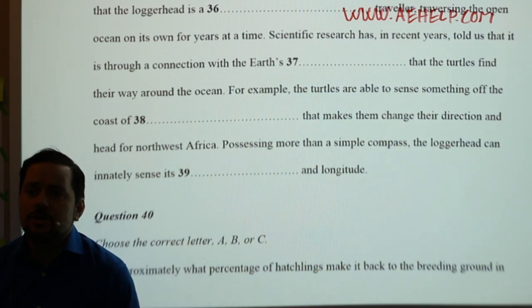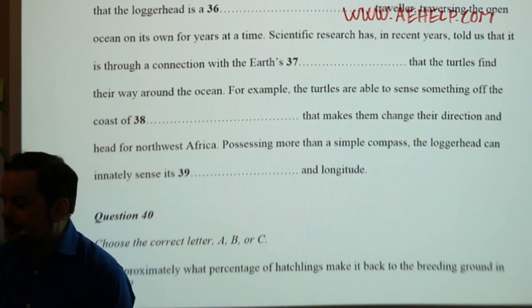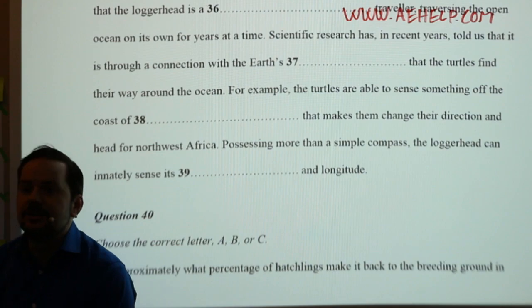If you guys are not sure about what is big and what is a small letter, then just write all big letters, okay? Just make sure you practice it at home, okay? So if you're not sure about when to write capital and when to write lowercase letters, then just use all uppercase letters for your answers. It's okay to do that on IELTS, all right? All right, so magnetic field is correct.